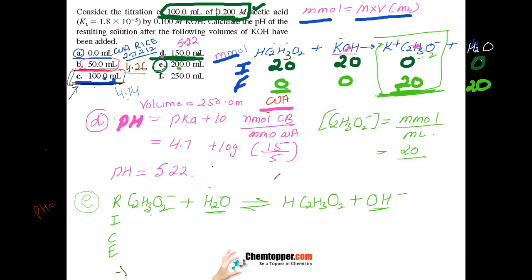Type the volume. We are at the E point of the titration. How much is the total volume of the solution now? You started with 100 of acid and you added 200. So the total volume is 300.